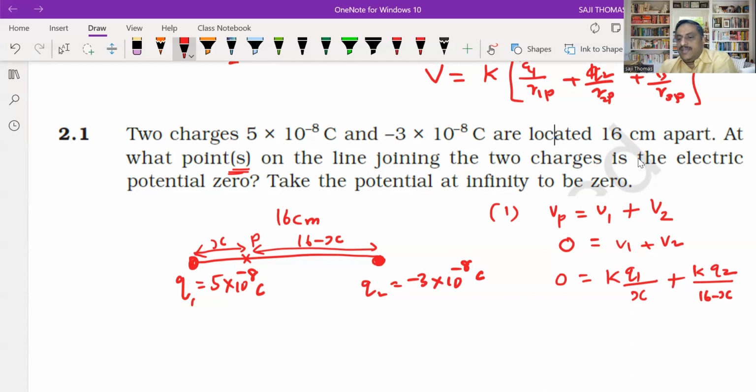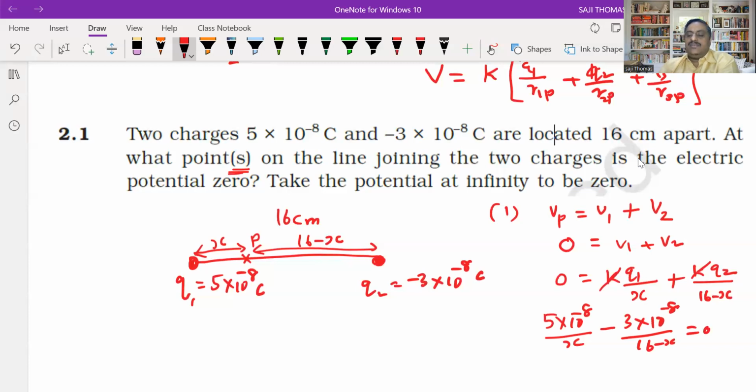So what we can write? We can cancel that K. So now you put the charge values. Q1 is 5 into 10 raised to minus 8 by X, minus 3 into 10 raised to minus 8 by 16 minus X, equals 0.